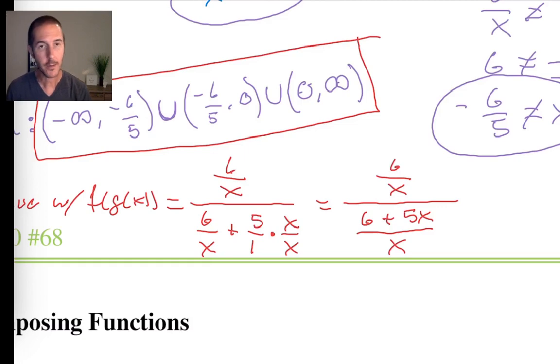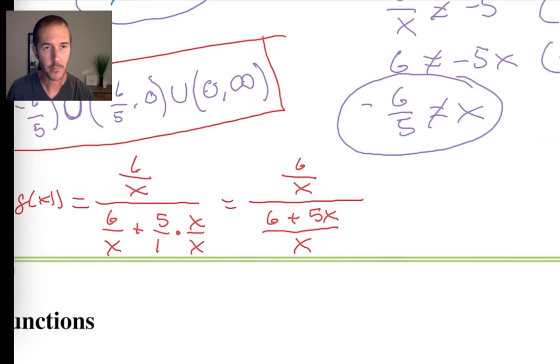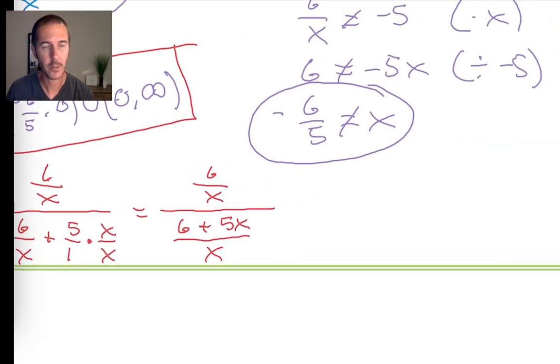Now what I'm looking at is a fraction divided by a fraction, which I really like having because it allows me to do keep, change, flip. Division is the same thing as multiplying by a fraction. And if you don't know that exceptionally well, that might be something you want to write down. Division is the same thing as multiplying by the reciprocal, which is what we're going to do.